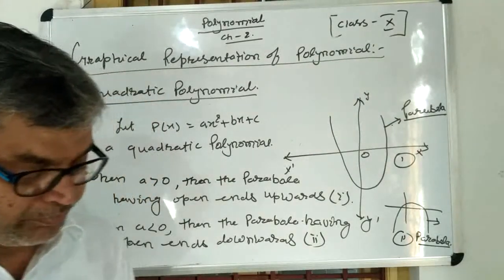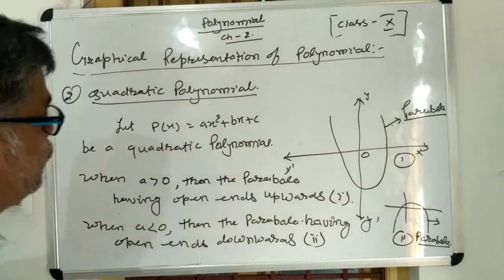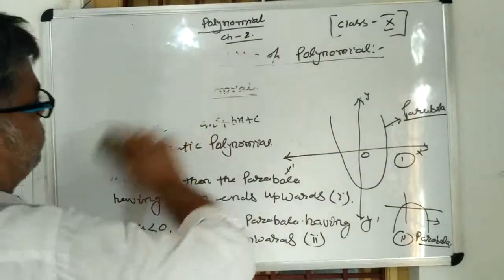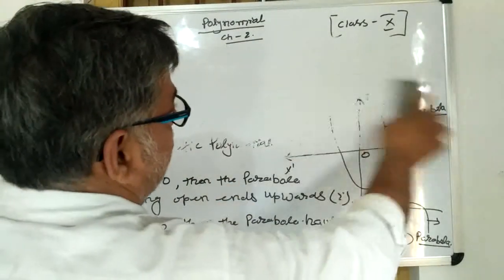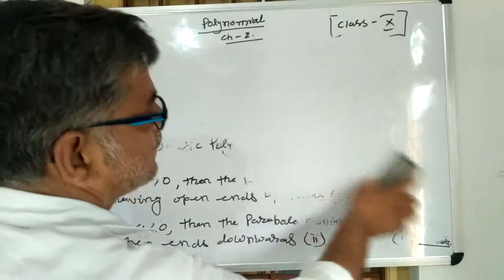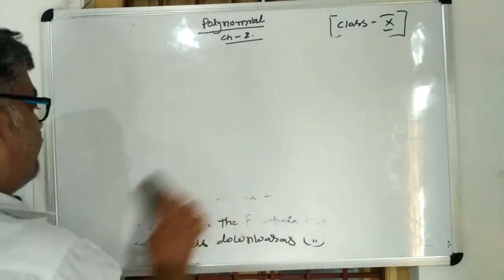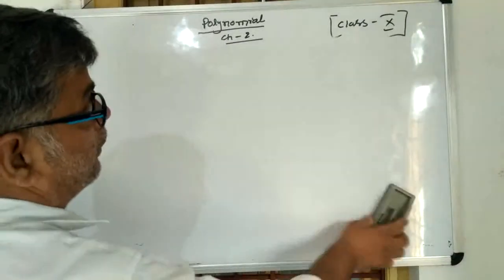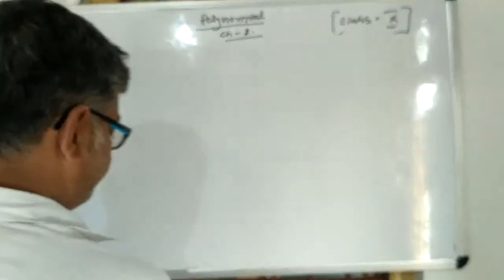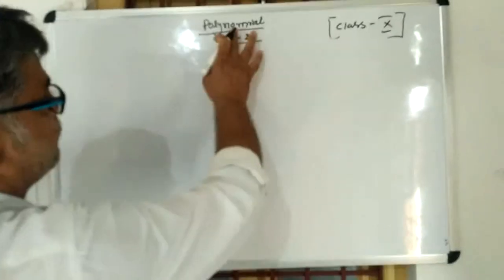So now we are coming to exercise 2.2. Exercise 2.1 was simply graphical representation. So let's see exercise 2.2.